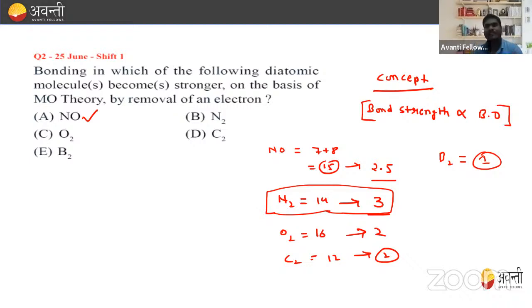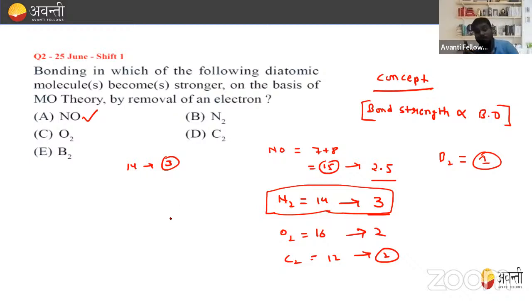But observe very carefully what this question asks: the bonding in which diatomic molecule becomes stronger on the basis of MO theory by removal of an electron. When you remove one electron from NO, it becomes 14, which corresponds to 3. So removal of an electron from the anti-bonding molecular orbital increases the stability.